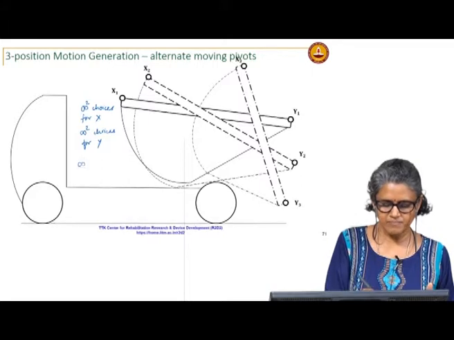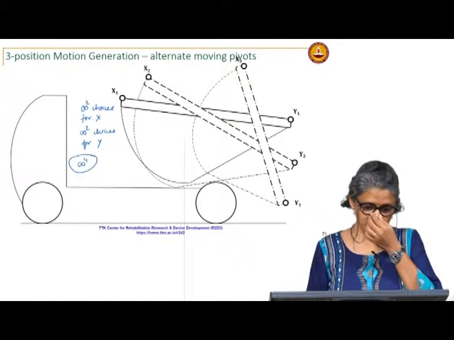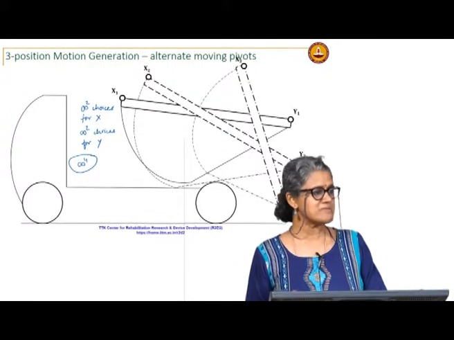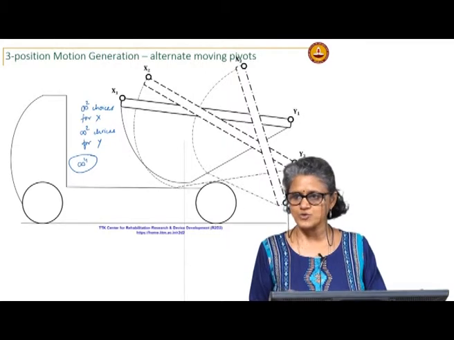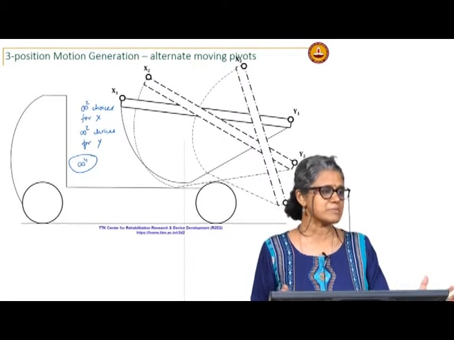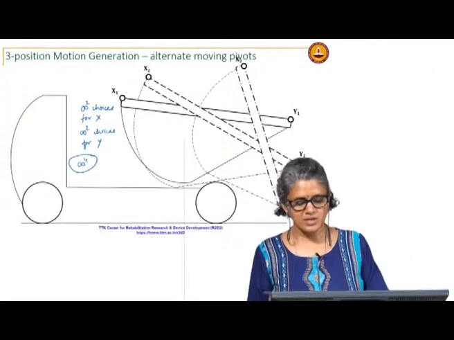Together, even for three position generation, the choice of the moving pivots gives you infinity to the power 4 choices for your pivots. How many of those are practical is a different matter. The fact is you do have those choices.